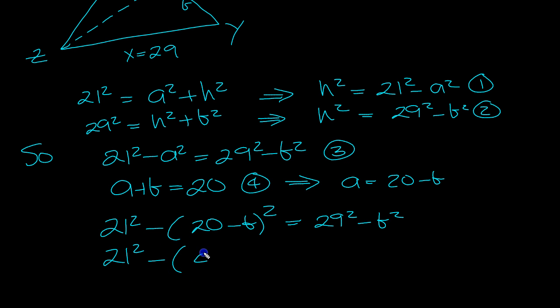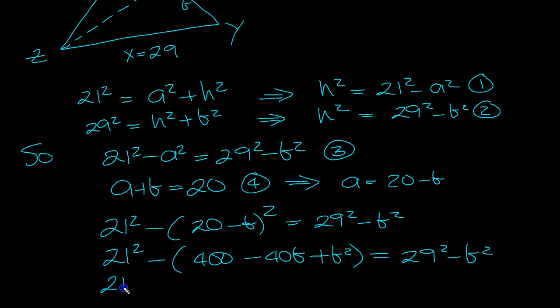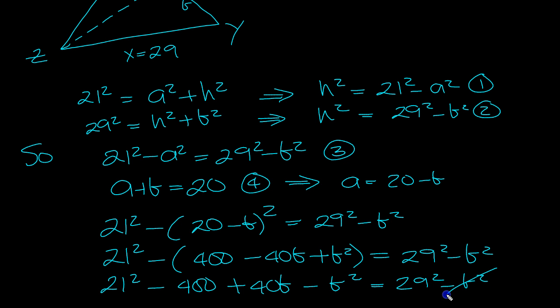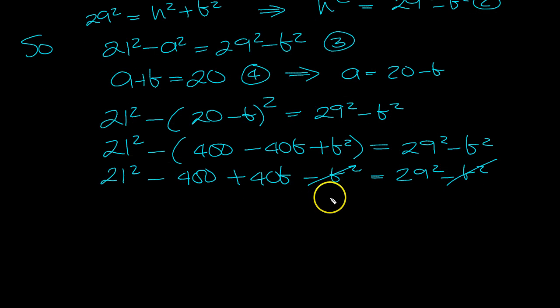This bracket squared is 400 minus 40B plus B squared. Run through the minus then: minus 400 plus 40B minus B squared equals 29 squared minus B squared. These will cancel both sides, and we can work out B, can't we?